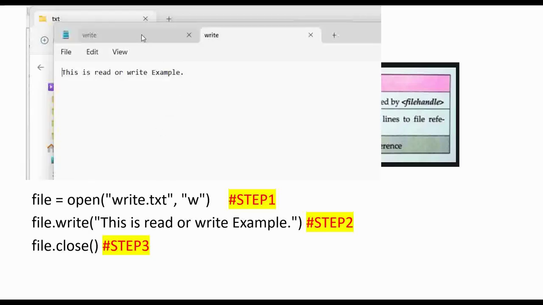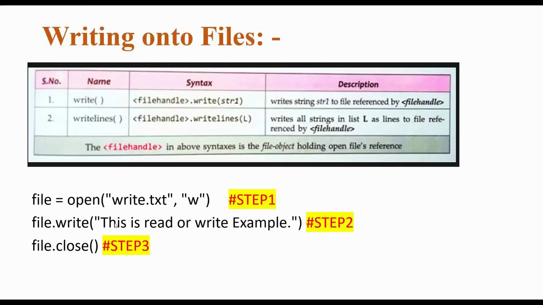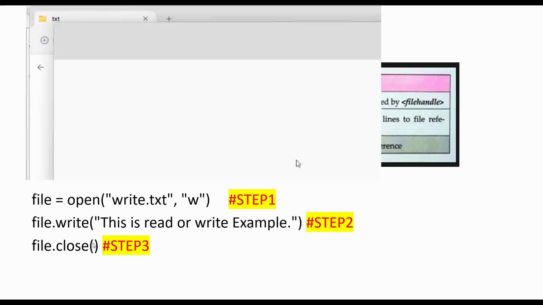You have to use the file object, file dot write, and pass the string. For example, here the string value is 'this is read or write example'. This is the string I'm passing into the write method. Once you finish writing into the file, the third step is to use the file object and close it.